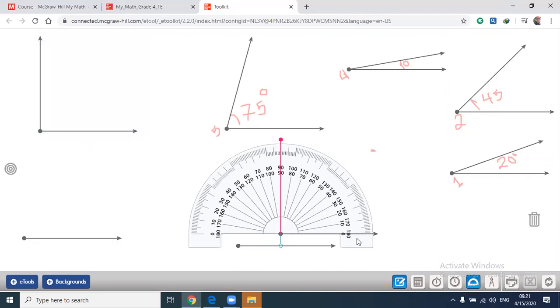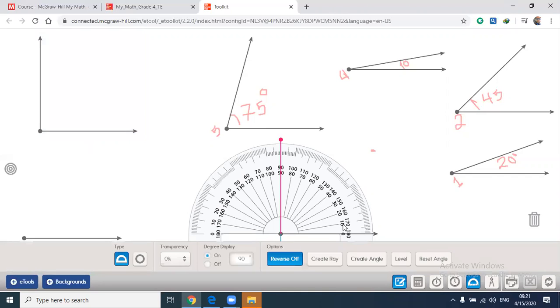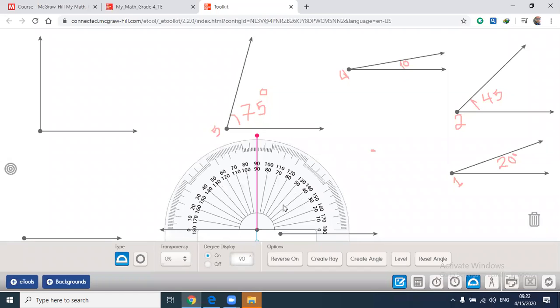Okay, and then last one, number 7 with 115 degrees. I have a question. Can I draw the angle in the other direction from the other one? Yes, I can. From this side, I can draw angle, as you see here, from left to the right.